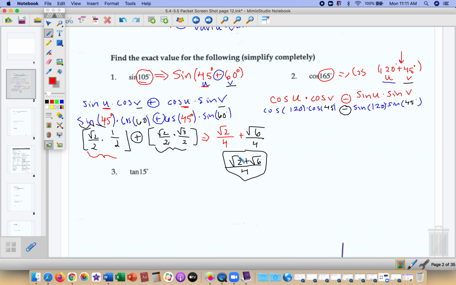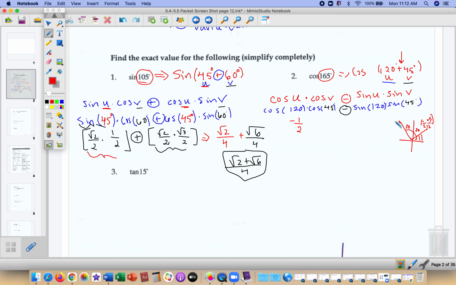So we know that the cosine at 120 degrees is negative 1/2. You can look at your unit circle, but you also know that 120 degrees is 90 plus 30. So you're actually reflecting that 60-degree angle, which is 1/2, root 3 over 2, right?